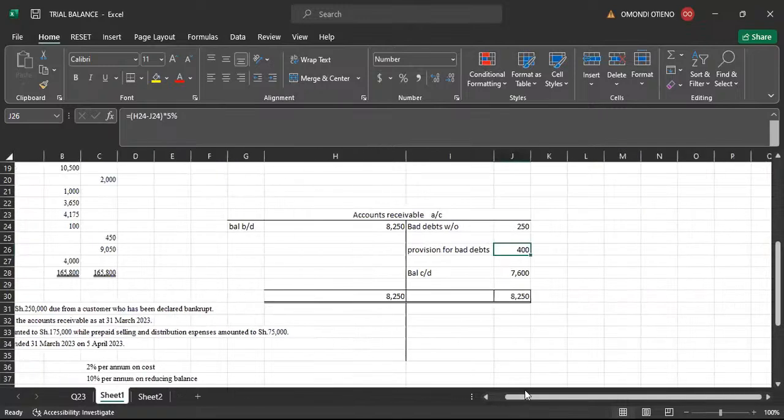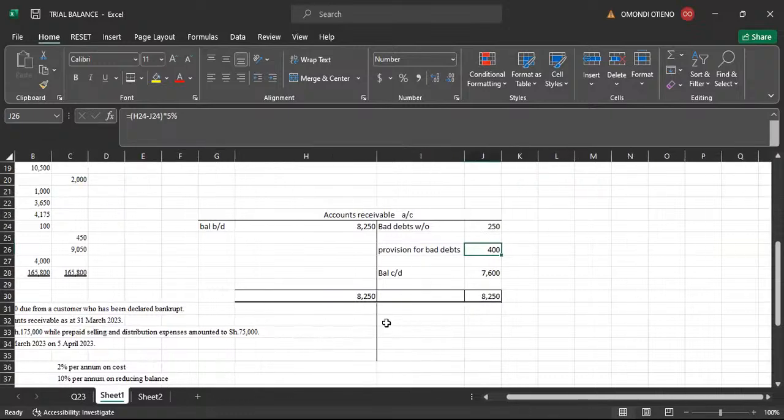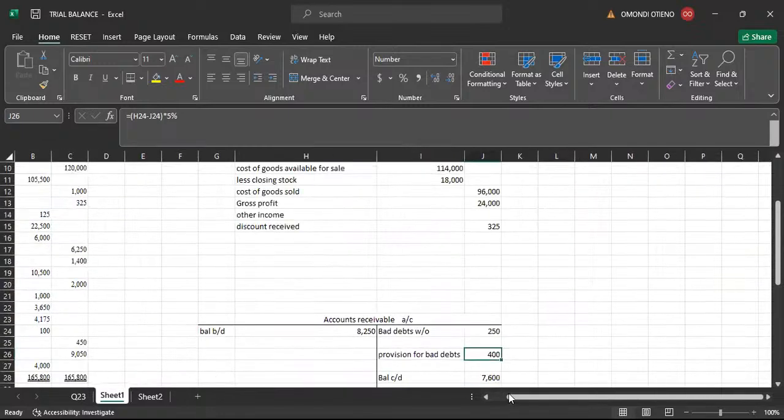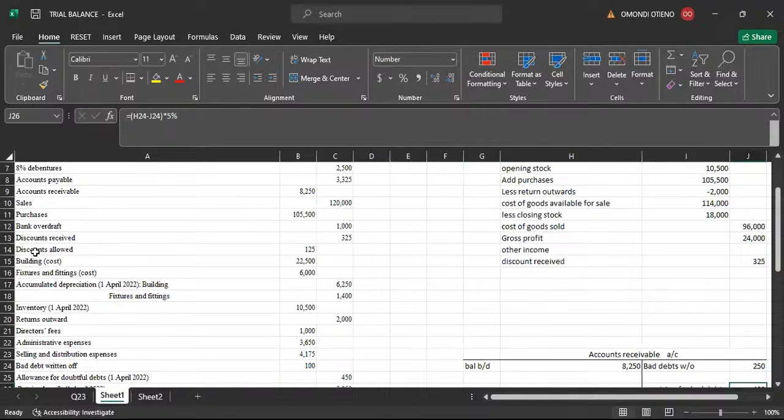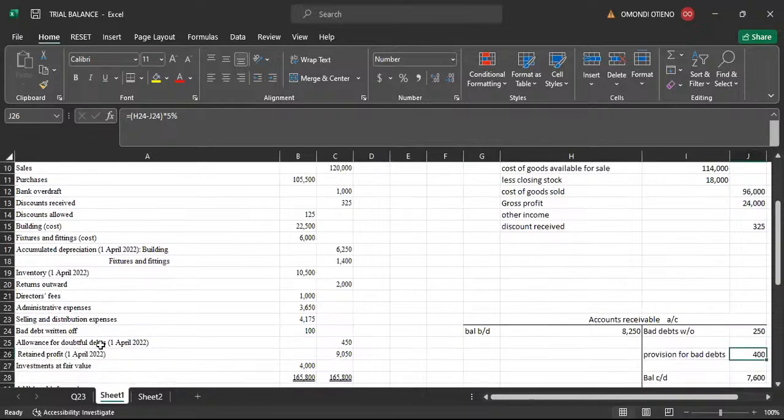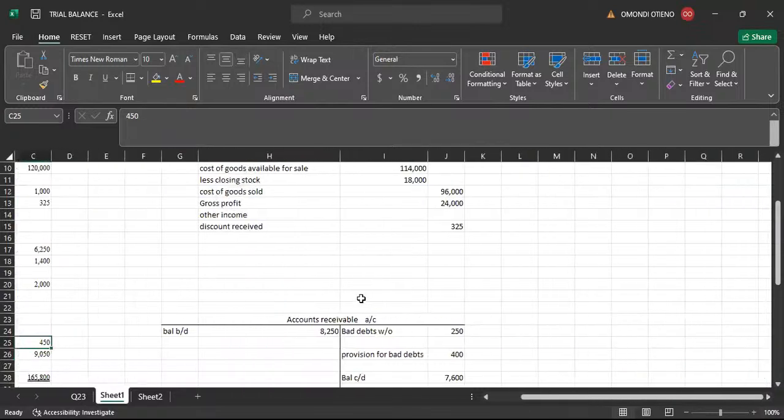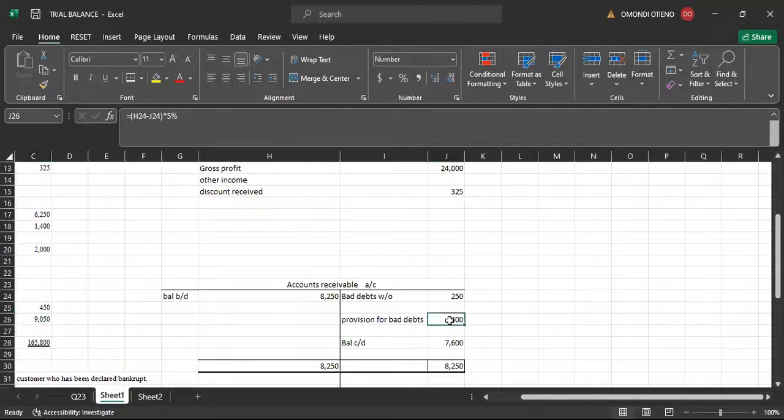Let's go to the provision at the beginning of the year. At the beginning of the year, they had an allowance. The allowances for doubtful debts as at 1st of April was 450. But then the real doubtful debts that they are having here is 400.